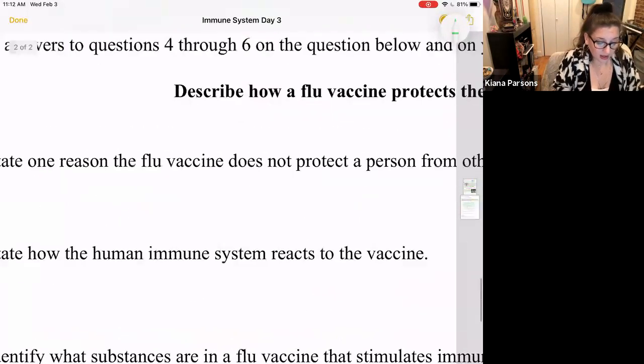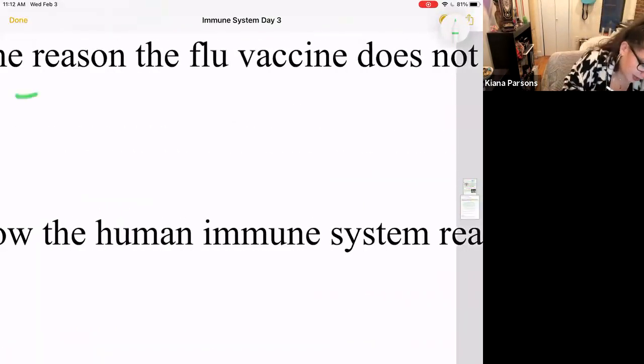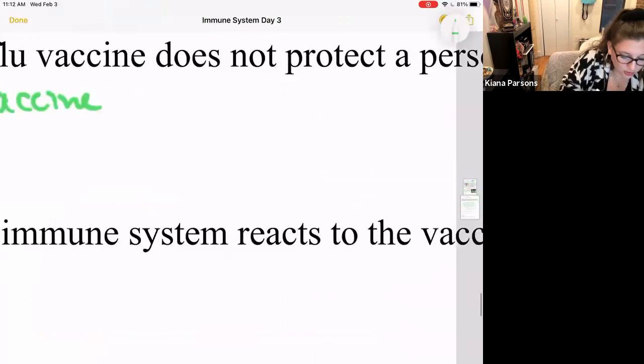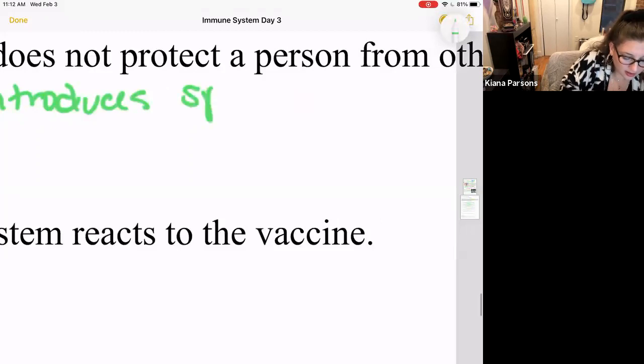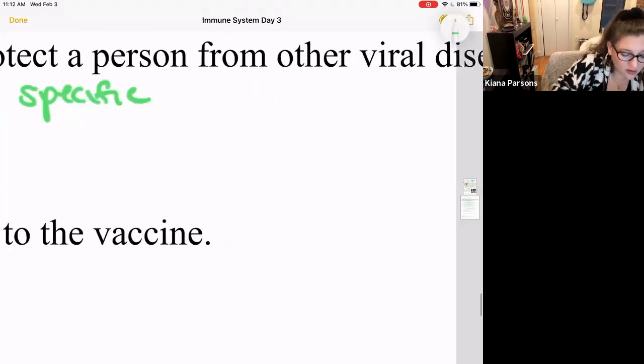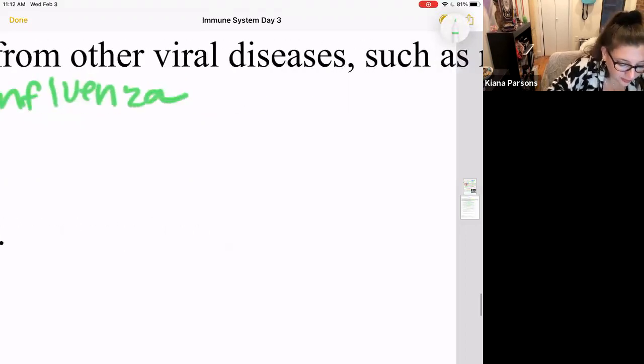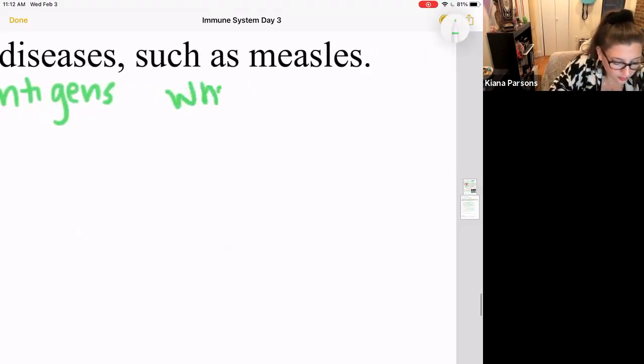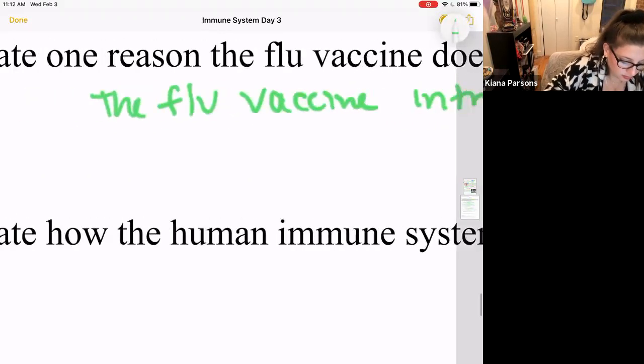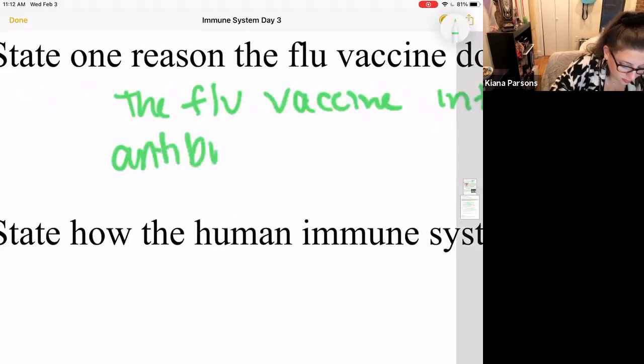Well, there is a vaccine for measles, but the flu vaccine introduces specific influenza, that's the technical name for the virus that causes the flu, influenza antigens, which lead to antibodies for that specific virus.